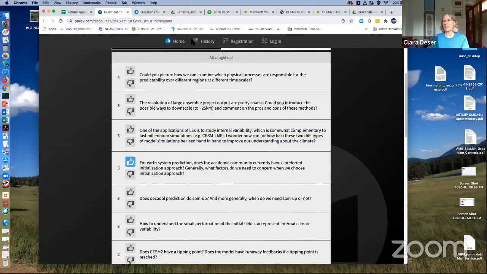I guess I thought maybe Yaga would speak to this, but just more generally, we envision that on the longer time scales, the ocean becomes very important in terms of a source of memory for the atmosphere and the climate system. But even within the atmosphere, there are certainly predictable aspects.